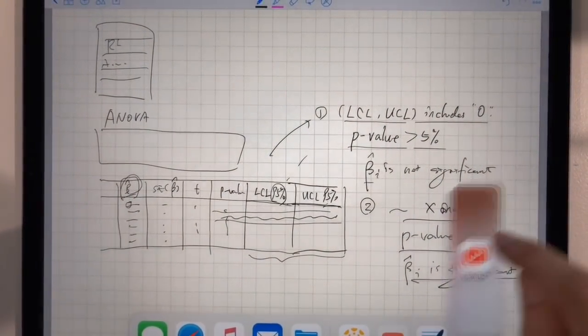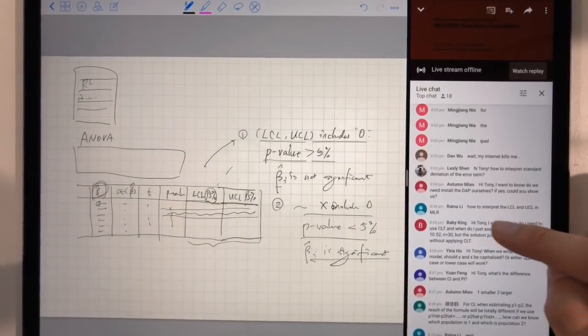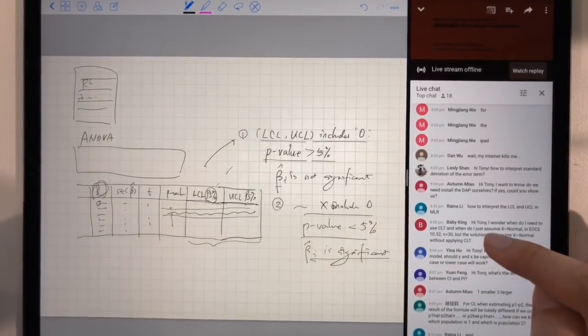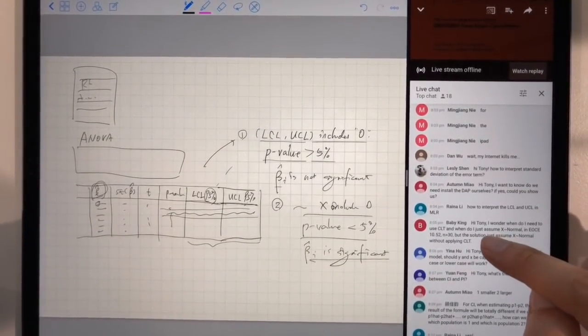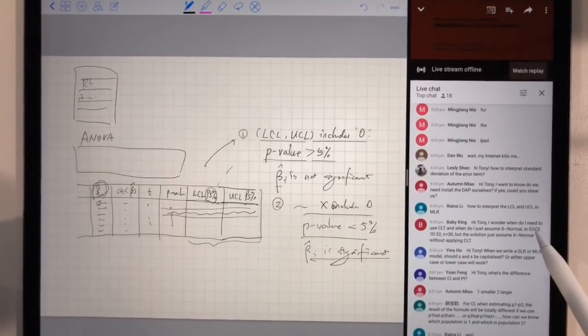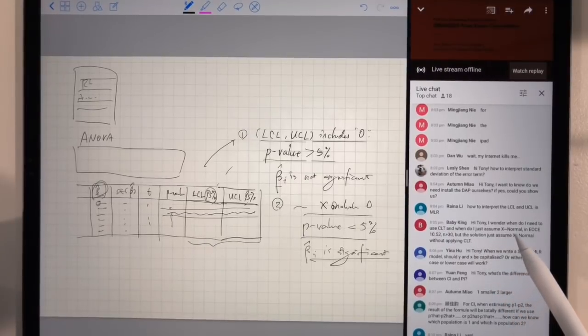So let's look at other possible questions. Baby King, wow, that's a very good name. Baby King is asking: hi Tony, I wonder when do we need to use CLT and when do we just assume X follows normal?